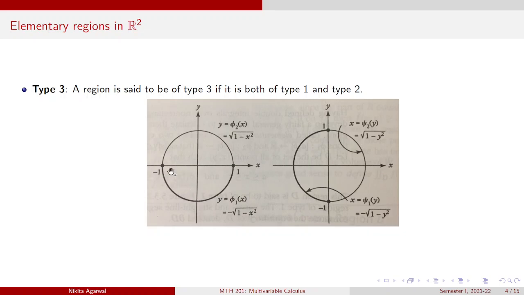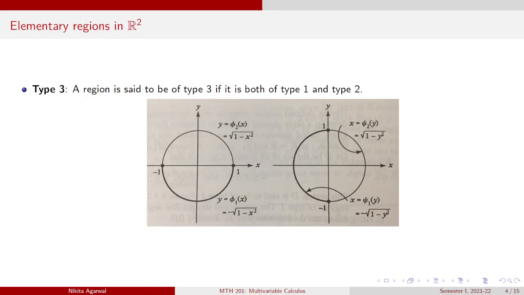Because you can think of this region as x going from -1 to 1 and y going from phi1(x) to phi2(x), where phi1(x) is the bottom part of this circle which is negative square root of 1 minus x squared and phi2(x) is the positive part of this circle which is square root of 1 minus x squared. So with this notation, it is a type 1 region.